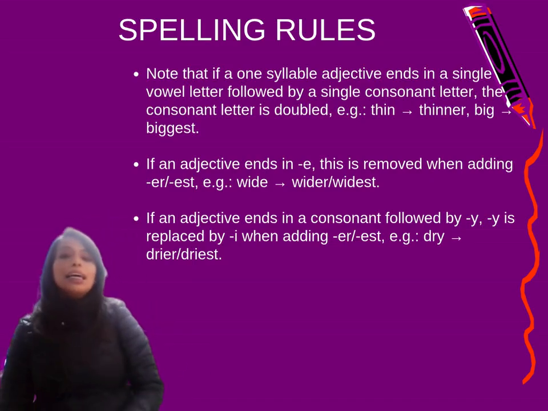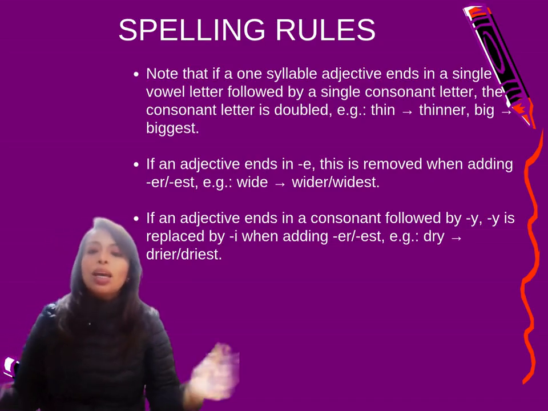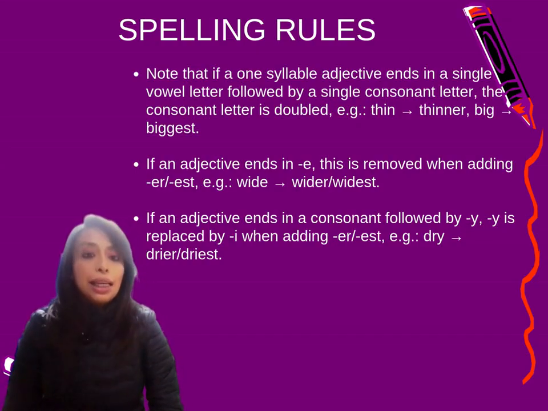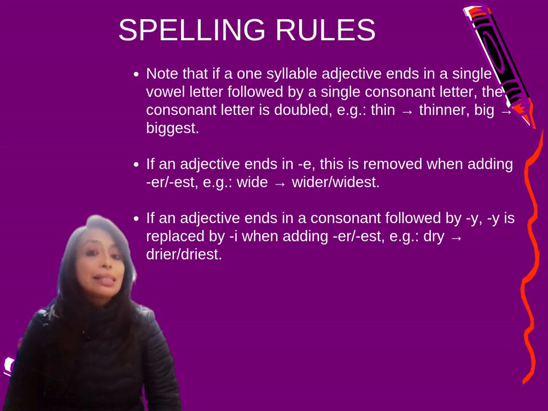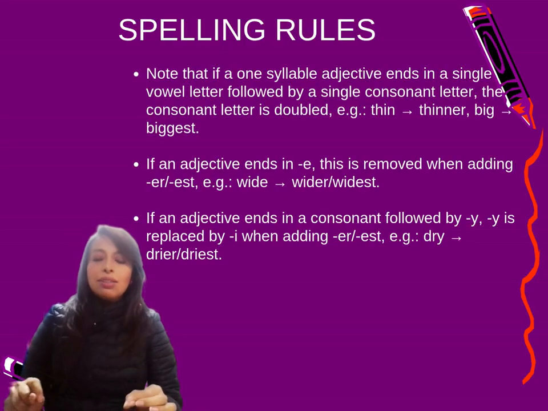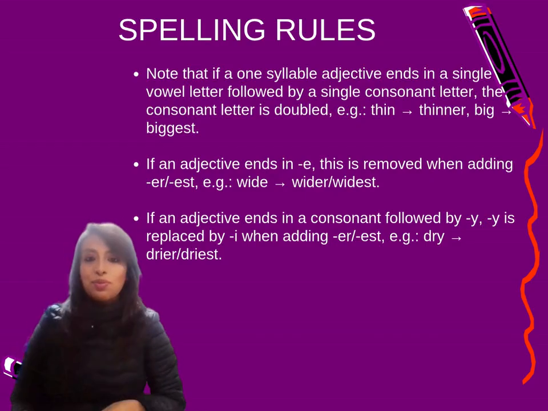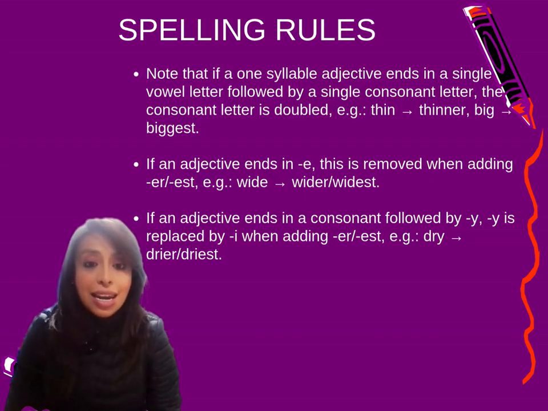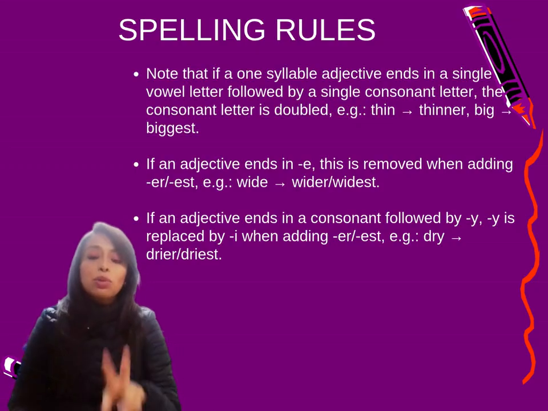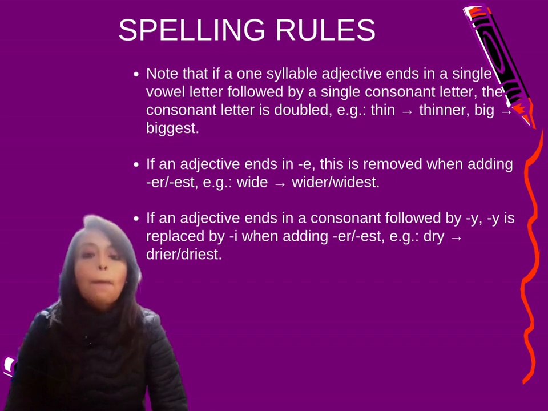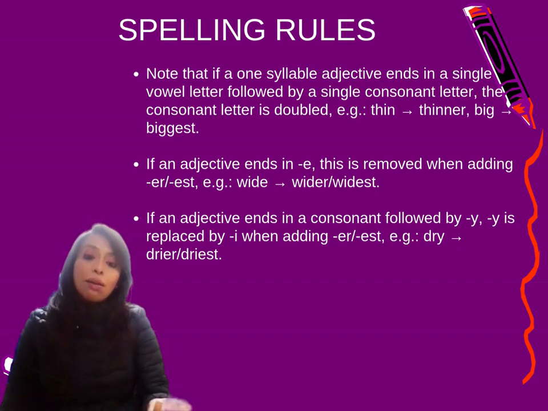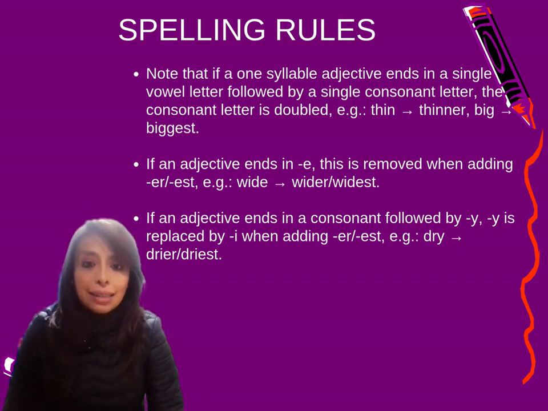Now let's analyze some spelling rules. Know that if a one syllable adjective ends in a single vowel letter followed by a single consonant letter, the consonant letter is doubled. For example, thin. You have to double the letter N. Thinner. Big. Double the letter G. Biggest.